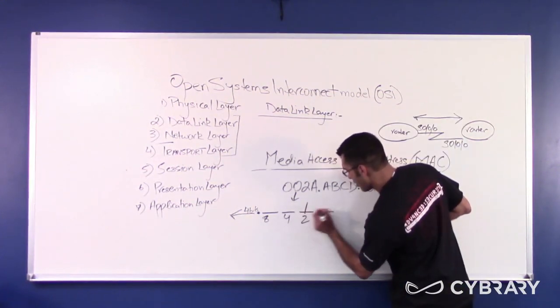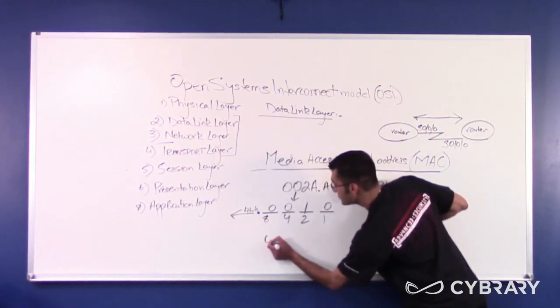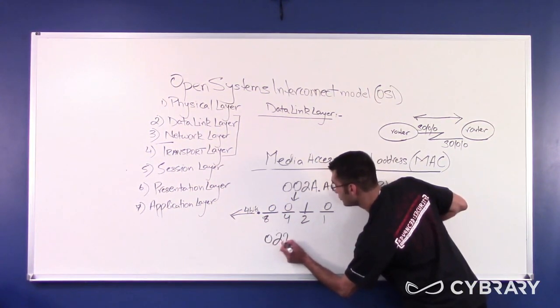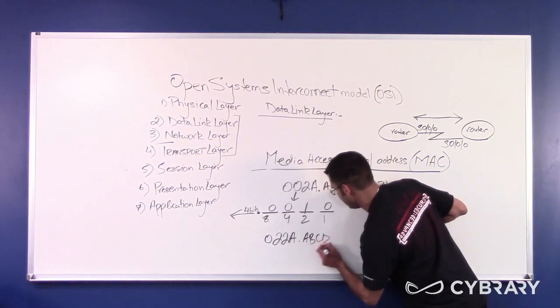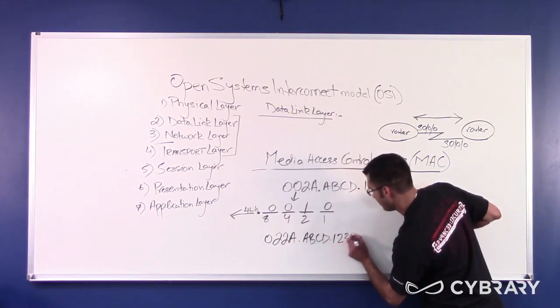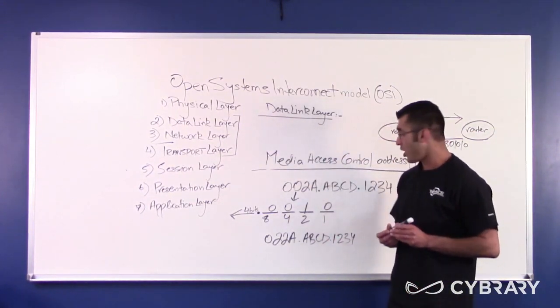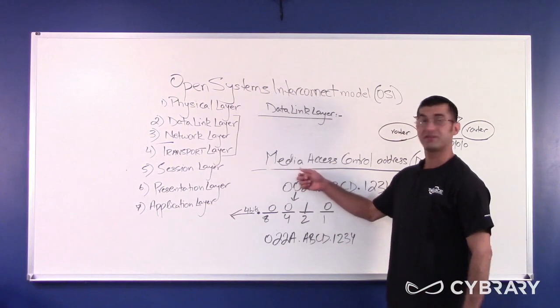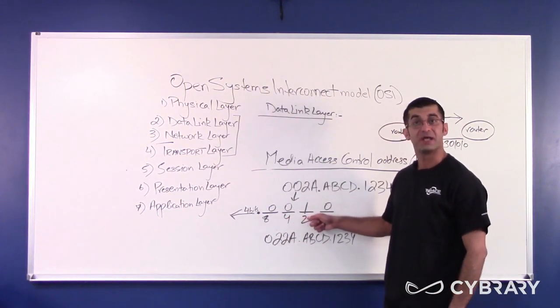If you turn this on, and by default it was off, then you get 0, 2, 2, A, and then A, B, C, D, and 1, 2, 3, 4. So, if the 7th most significant bit is off, it means the address is unique. If it's on, that means it has been assigned locally.